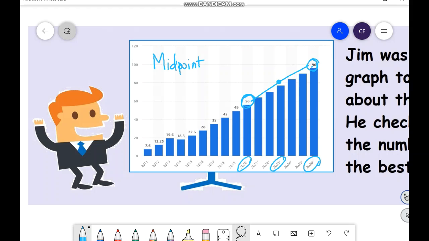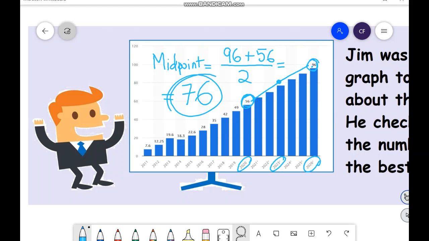The coordinates of the midpoint is what we're doing here. There's a formula, we're going to see it later, but basically it's the average. You're going to get 96, and you add 56, and you're going to divide by 2. If you do this math, 96 plus 56 divided by 2, you're going to find 76.